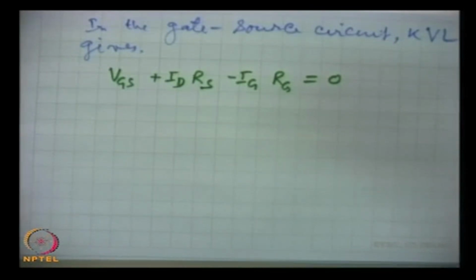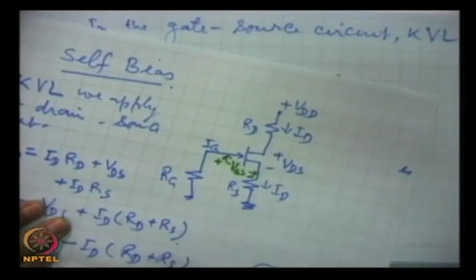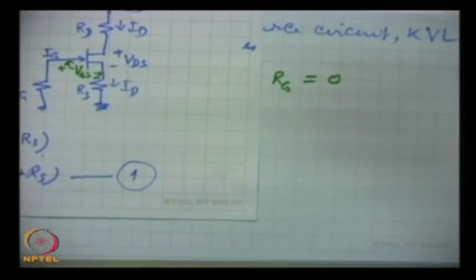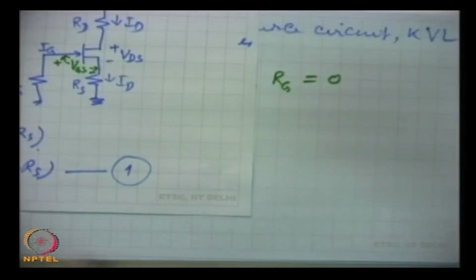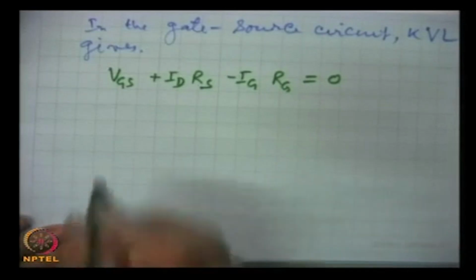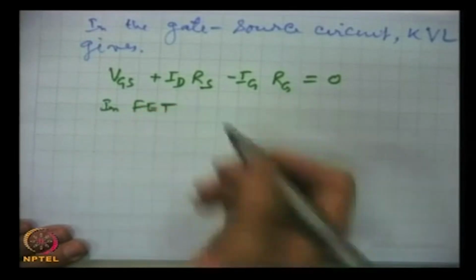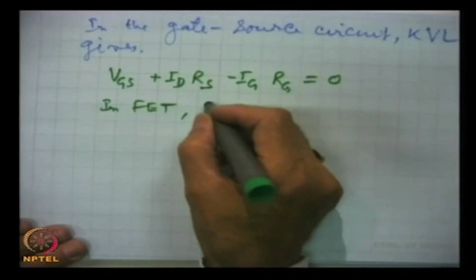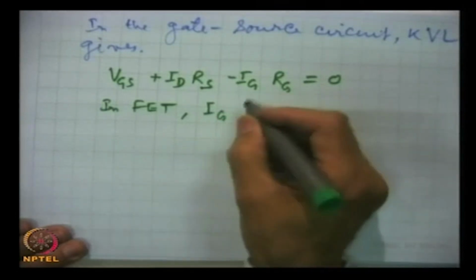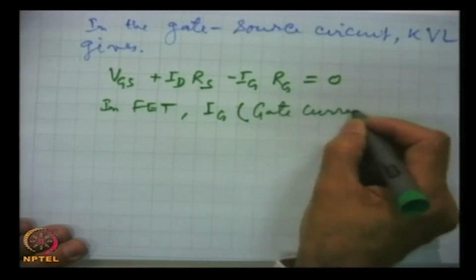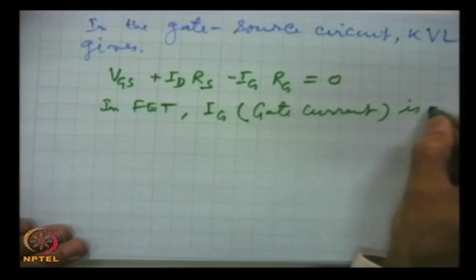And in FETs we know that the gate current is normally very close to 0. It is in picoamperes or less in well designed devices. So, in FET or even for MOSFETs, the gate current Ig is 0.